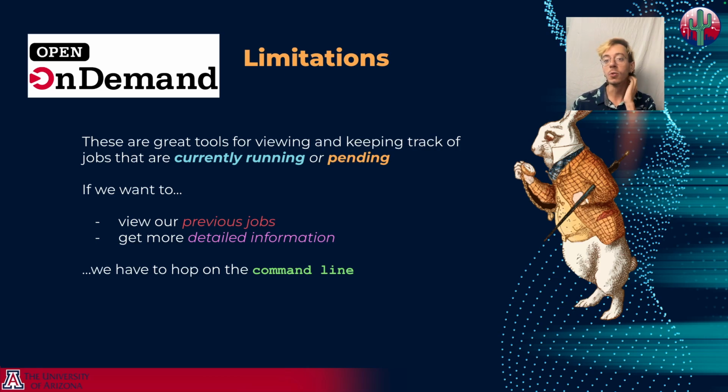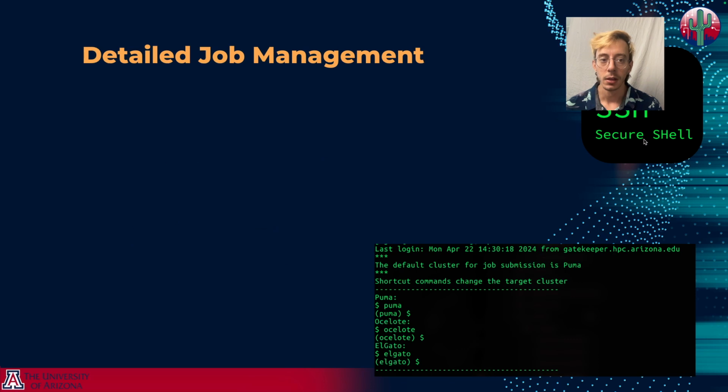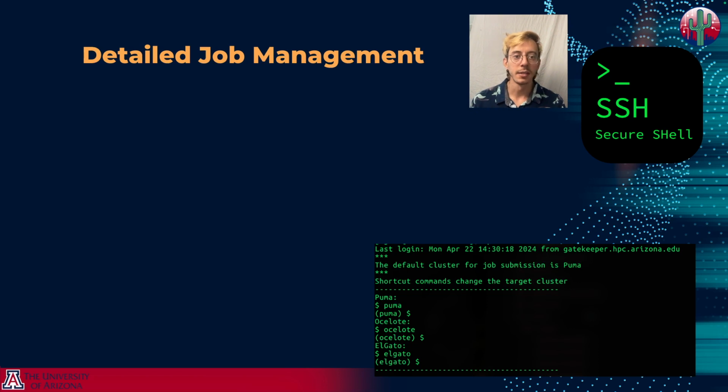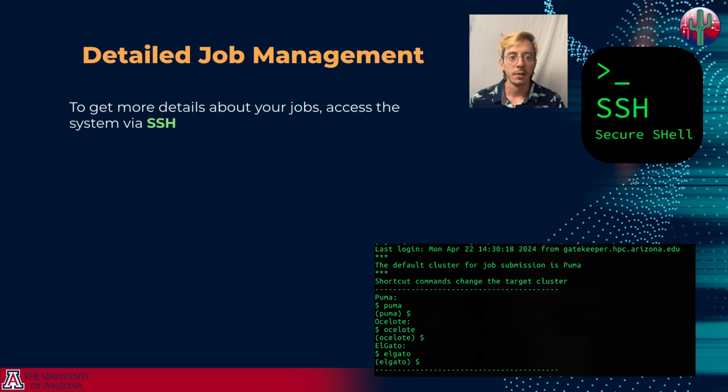If you want to get more in depth in your job management and in terms of the amount of information that you can pull out of the jobs, we will need to use SSH on the command line. Okay, so the secure shell is the way that we access the command line on the HPC.